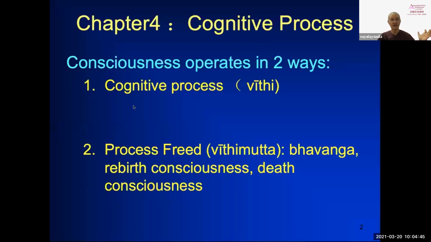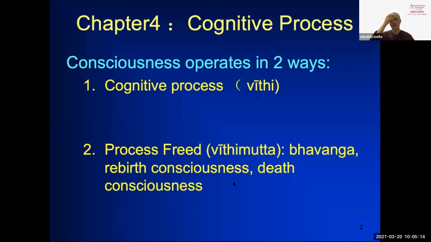One is called the cognitive process, Viti, Viti Citta. The other is process-free, Viti Mutta, free from cognitive process. This type of consciousness includes Bhavanga, rebirth consciousness, and death consciousness. And this is chapter 5, not under chapter 4.